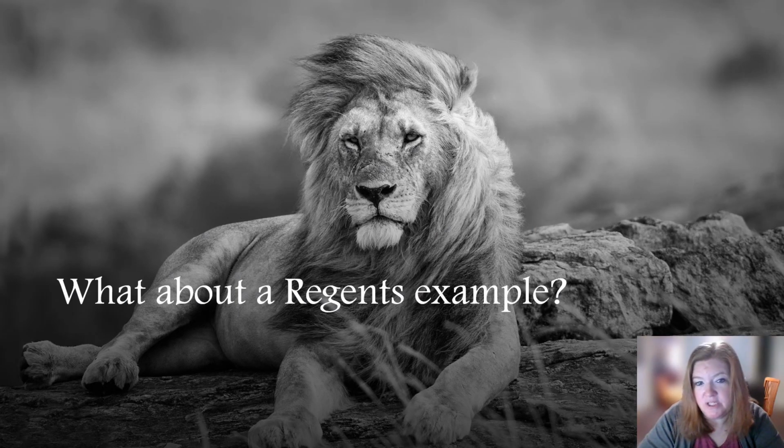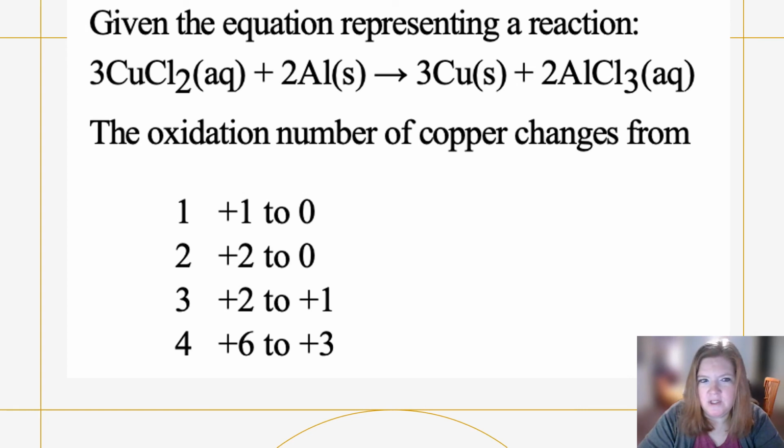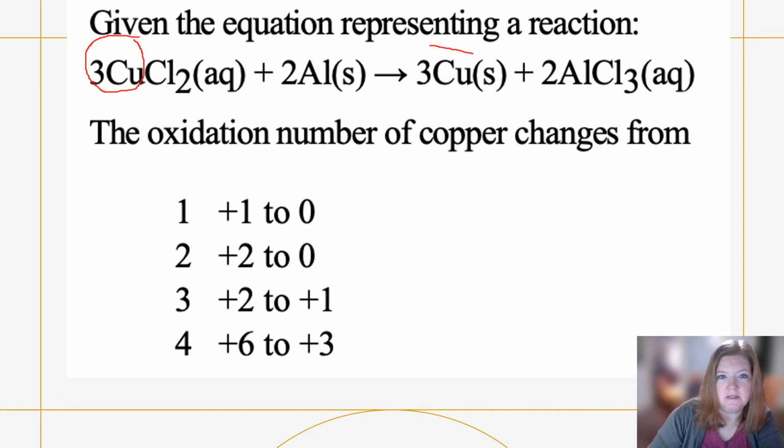All right, what about a Regents example? So here's a whole equation. It says the oxidation number of copper changes from... So I need to find copper. Here's copper right here, and here's copper right here. Well, I know that this says it's a solid. There's nothing else here. This is an element.